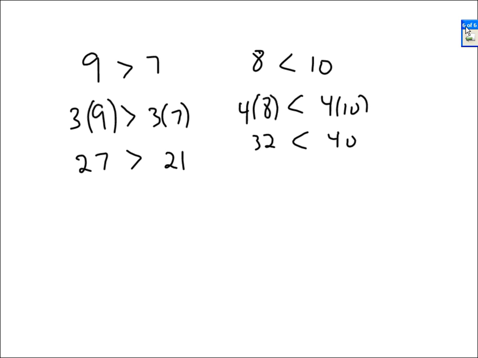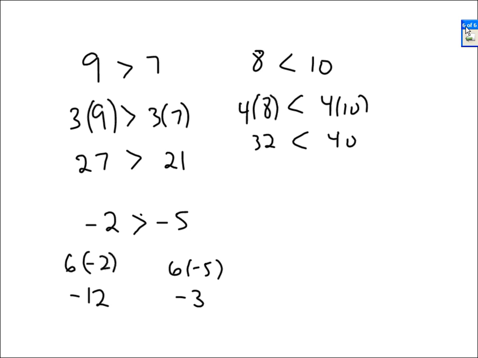But if you multiply by negative numbers, oh, by the way, negative 2 is bigger than negative 5. If I multiply both sides by 6, I get negative 12, negative 30. Negative 12 is greater than negative 30.